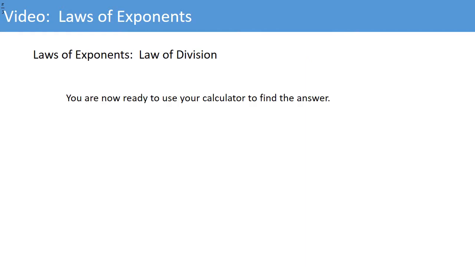Now, here is an example using your calculator. 2 to the exponent 4 to the exponent 5 is equal to 2 to the exponent 4 times 5, which is equal to 2 to the exponent 20, which is 1048576.